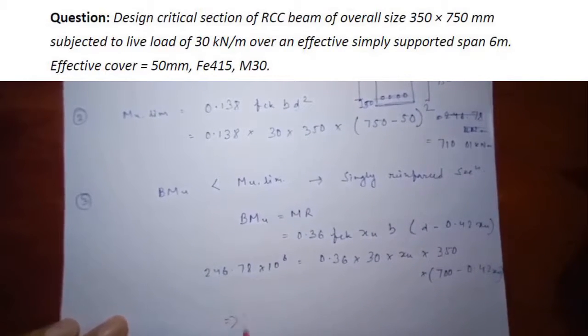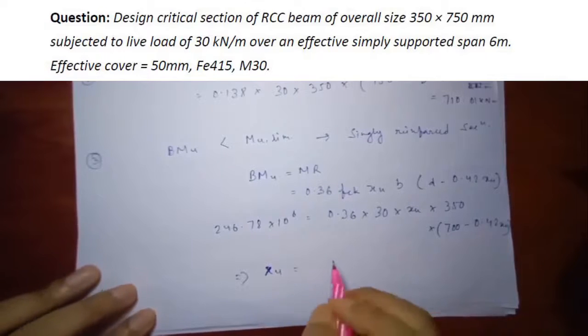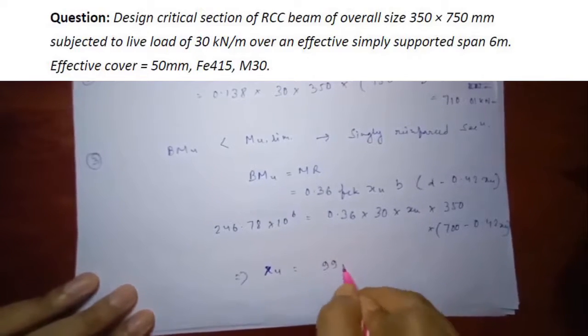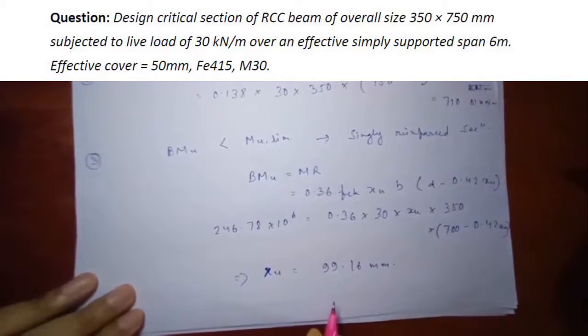So by this I'll get XU equal to 99.16 mm. So this is my position of neutral axis, 99.16 mm.